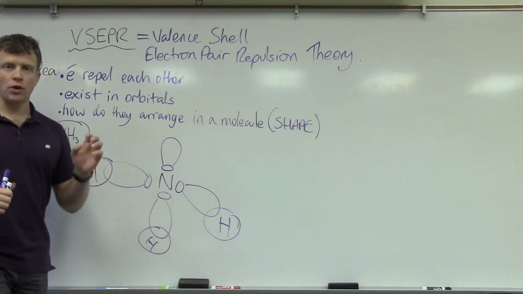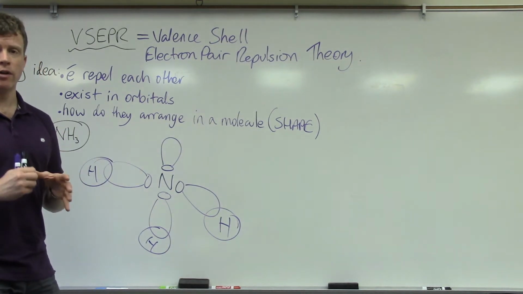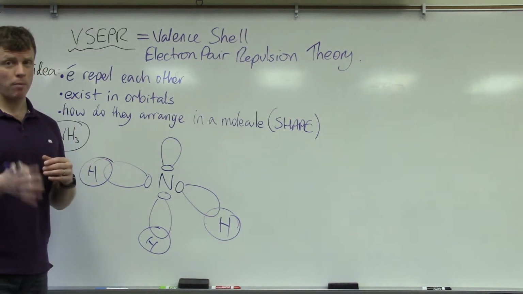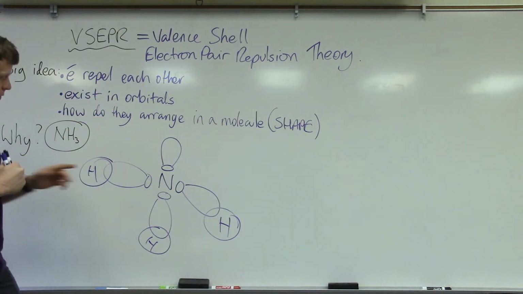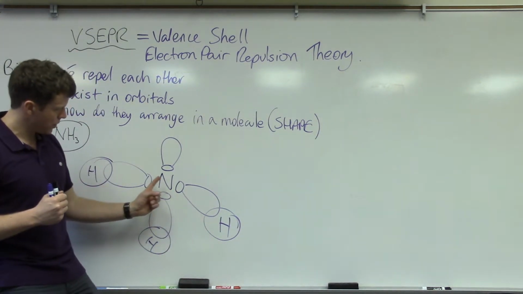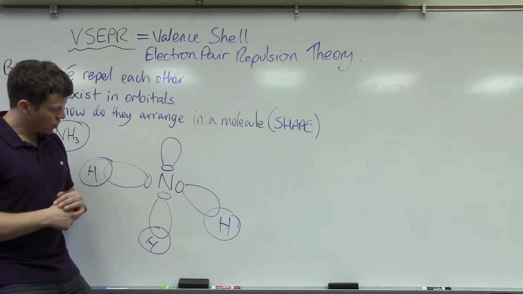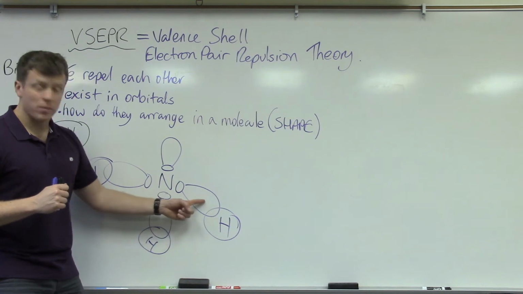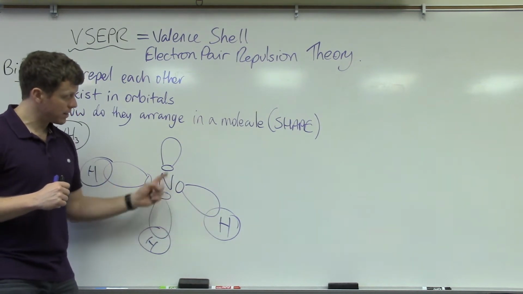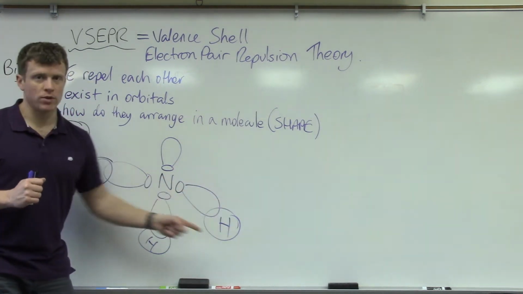The cause of VSEPR theory is really all about how electron pairs repel each other, because remember they've all got the same negative charge. The electron pairs in this orbital, so you've got two electrons, one from the hydrogen and one from the nitrogen, exist in this area, this overlap of orbitals.